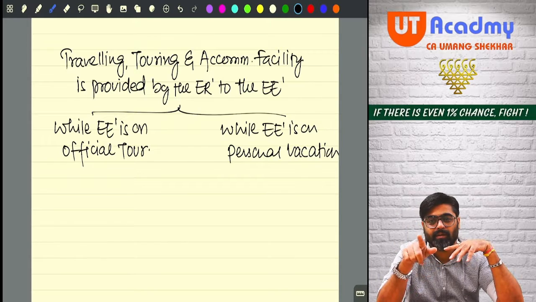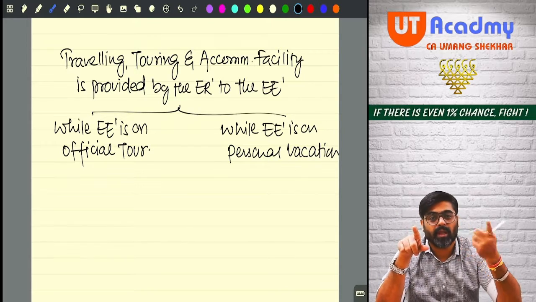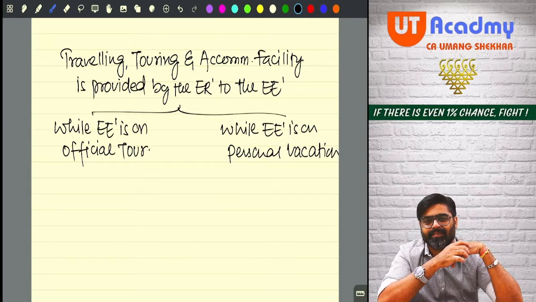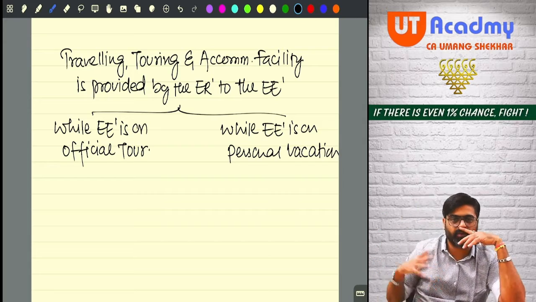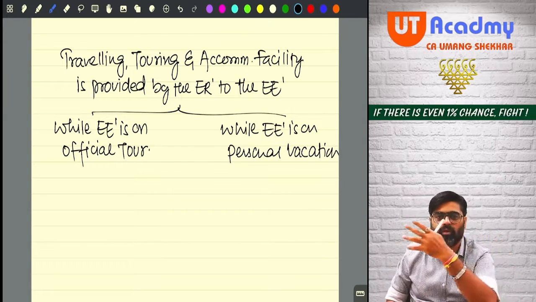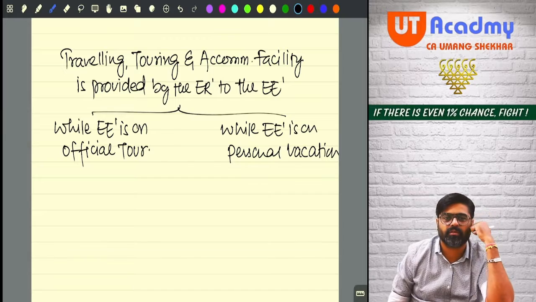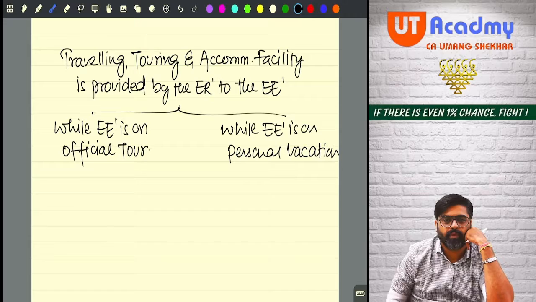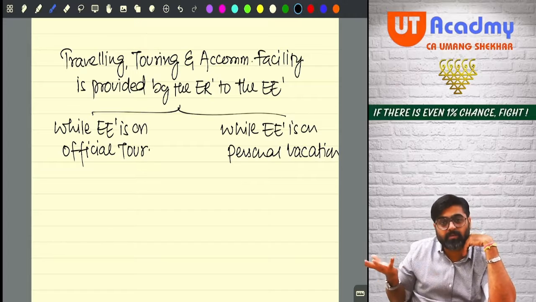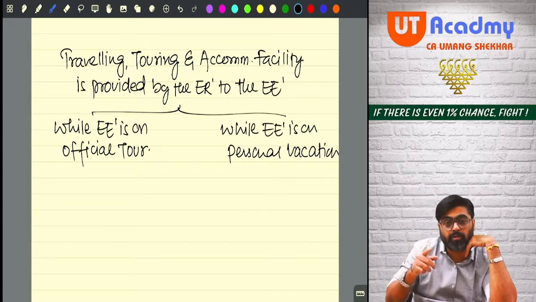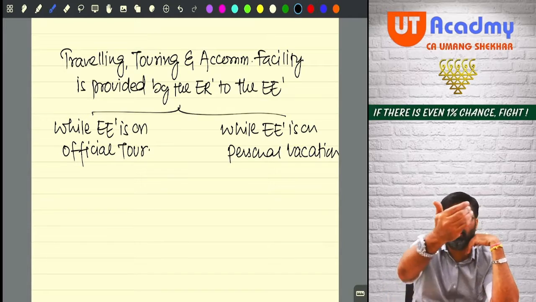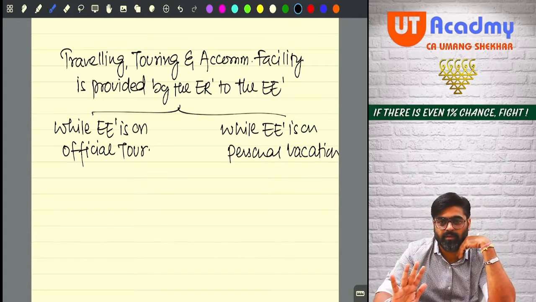But wait, while you are on official tour, can any of your family members accompany you? Yes or no? Yes, definitely. Kaushik is going to Mumbai for 7, 8 days, and his wife also accompanied him. Whatever amount is spent by the employer on traveling, touring and accommodation of Kaushik when he was on official tour will not be taxable for him, fully exempt.